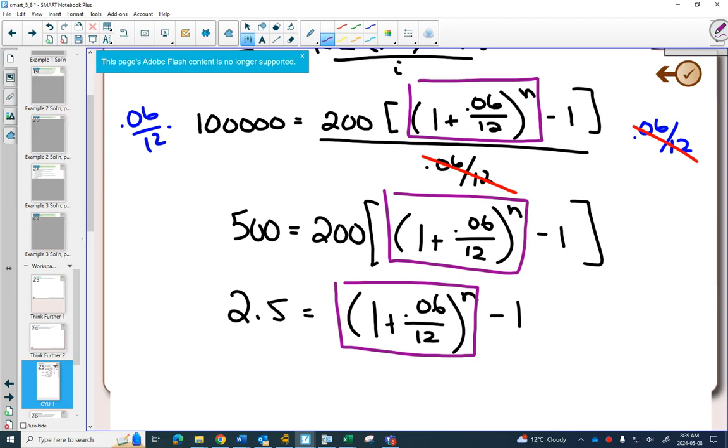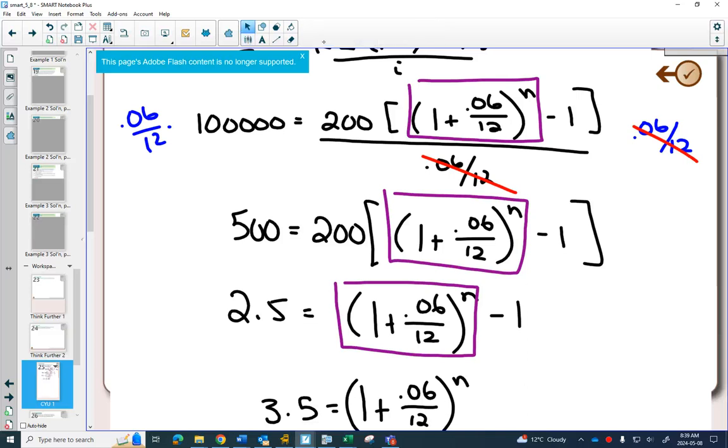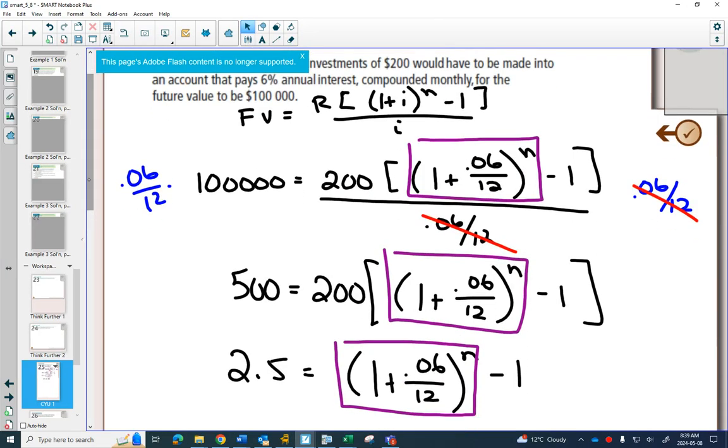I just need to add 1 to both sides. On the final exam, they would give you a half a mark for plugging everything into the formula in the correct spot.